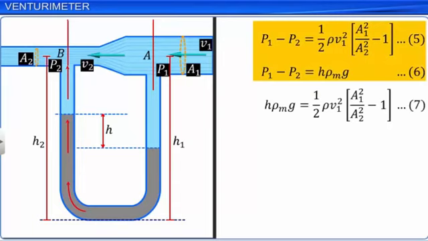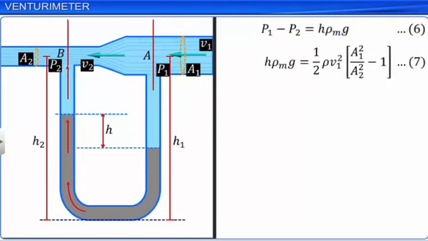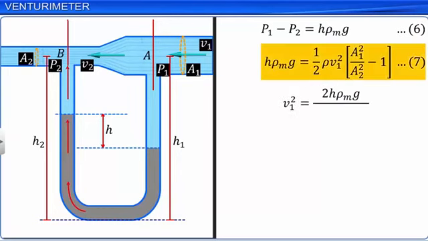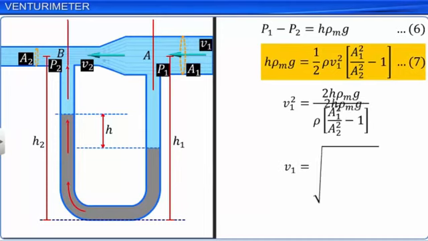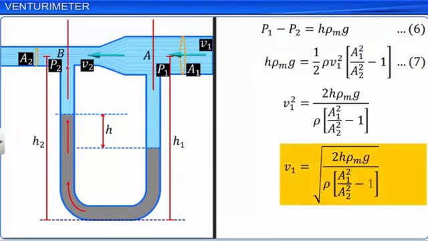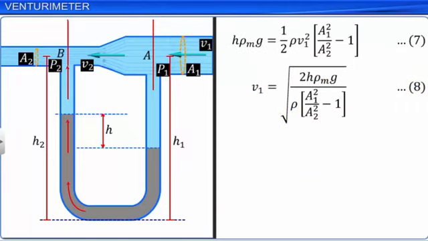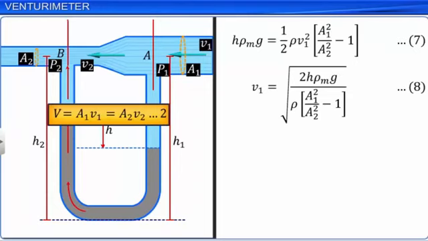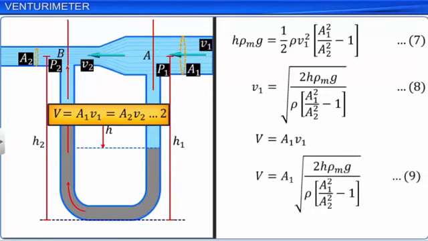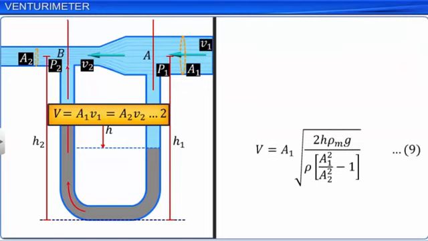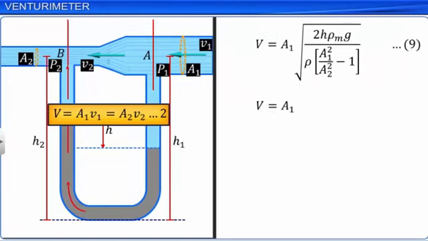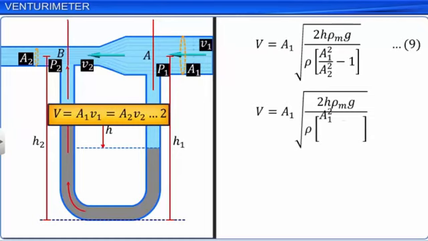Simplifying equation 7, we get the expression for velocity V1 as shown in equation 8. From equation 2, we get the volume of the liquid flowing per second through the venturimeter at A as equation 9. Simplifying this expression, we get the expression for the volume of the liquid flowing per second through the tube as shown.